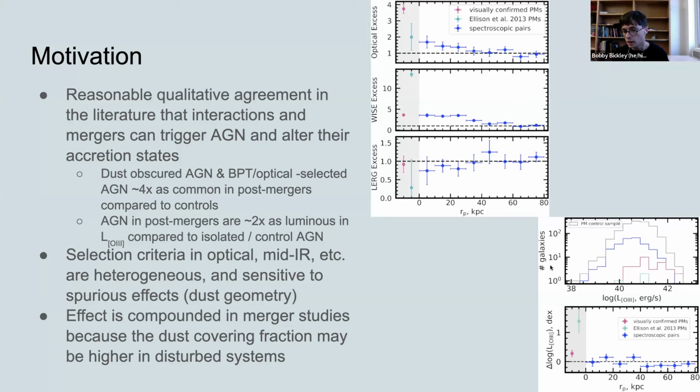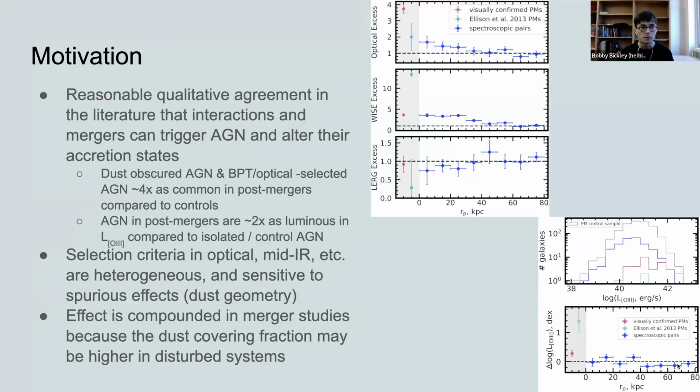Similarly, we look at the accretion rate enhancement. And here in the observations, we measure that as luminosity in O3, the O3 forbidden line. And we check again against a control sample, the luminosity of our interacting AGN. We compare those to the luminosities of non-interacting AGN. And what we find is that galaxy pairs have luminosities that are consistent with what we see in non-interacting AGN.